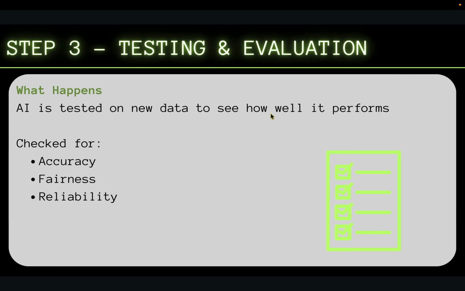So, this would allow for checking for accuracy, fairness, and reliability because all three of those are important. Imagine using an AI system that was not correct, or imagine using an AI system that did not consider all use cases, or a system that only worked half of the time. You pretty much wouldn't use the AI system if that was the case. So, this is why testing and evaluating is very important.